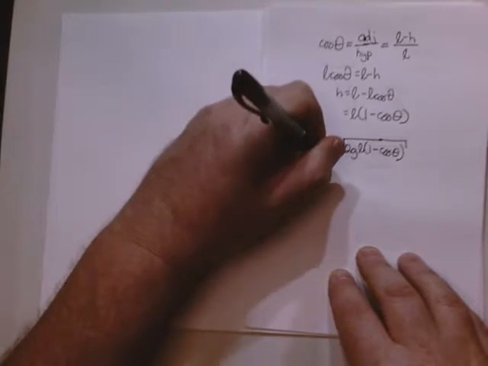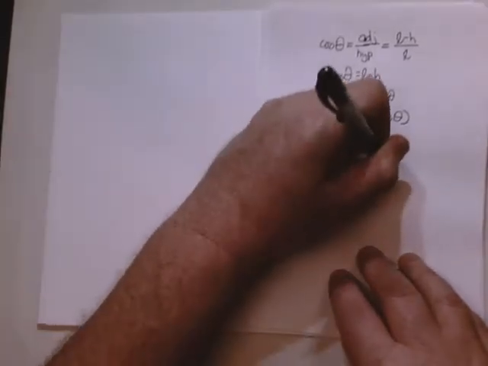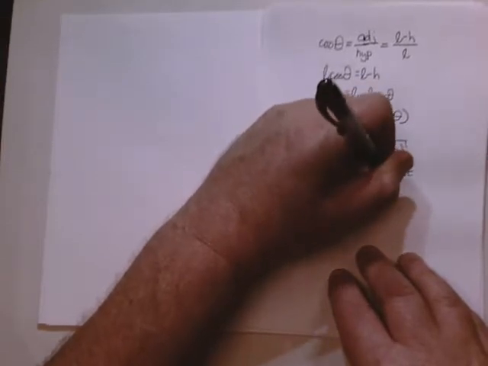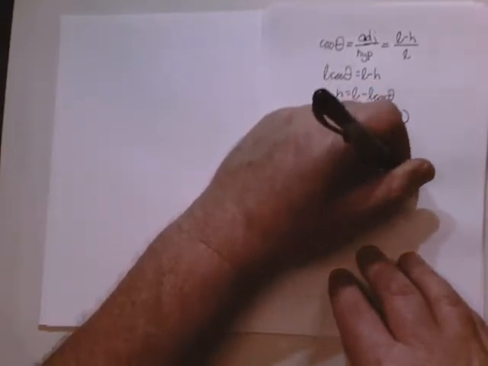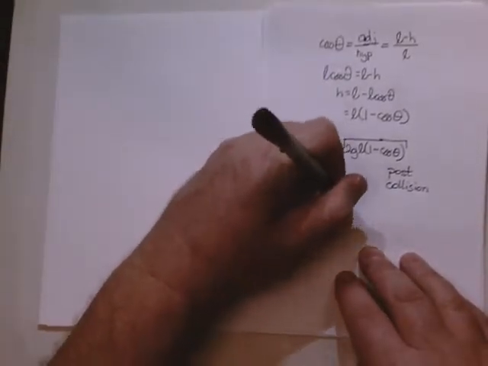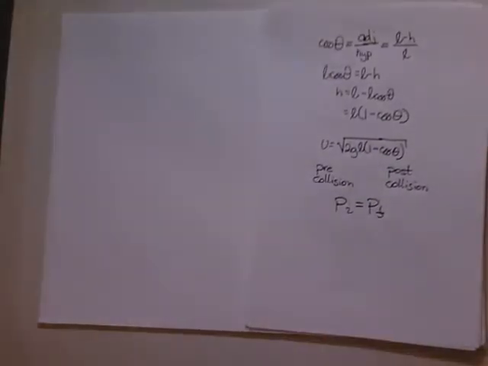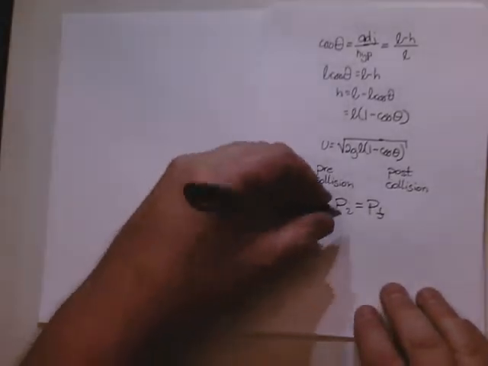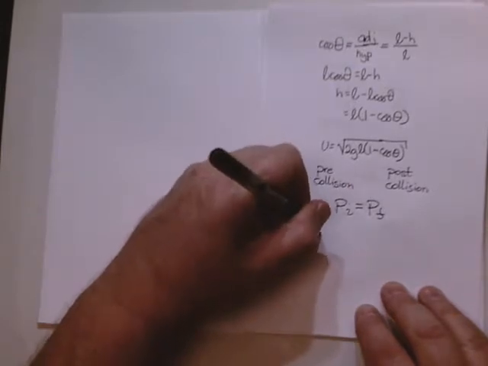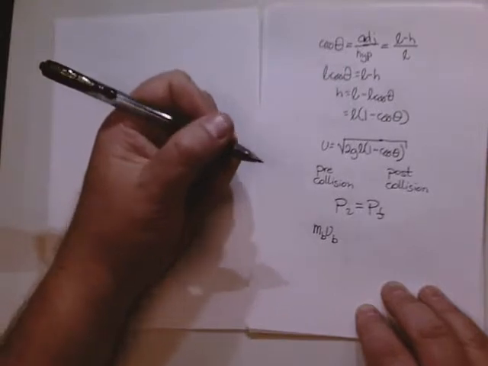So pre-collision and post-collision, there was a collision in the middle where they stuck, so this is inelastic, so we conserve momentum only. In this particular case, yes, we conserve momentum. That initial momentum is the mass of the bullet times the velocity of the bullet. The arm is not moving.